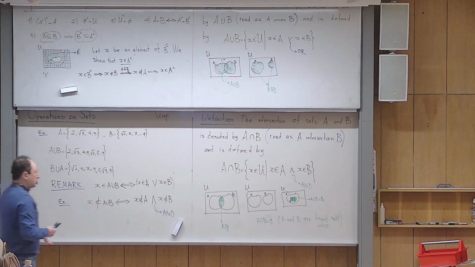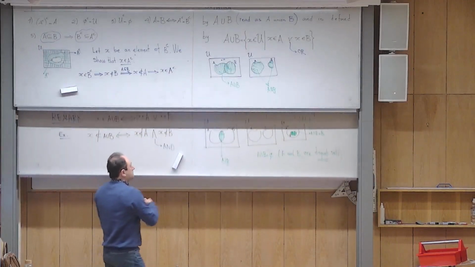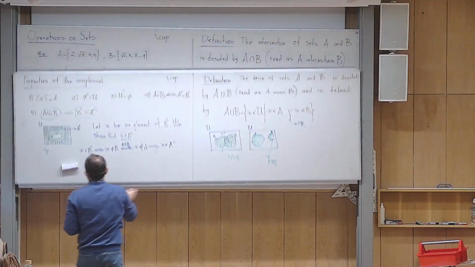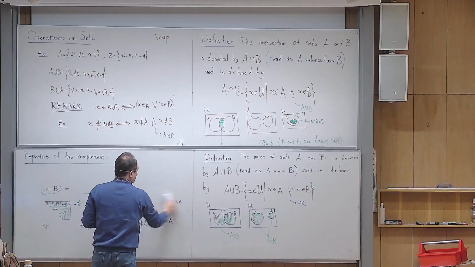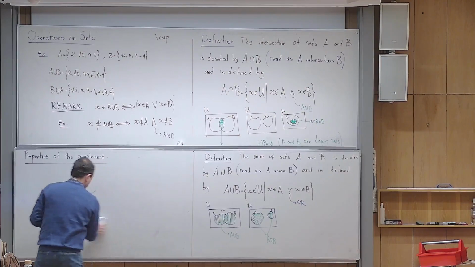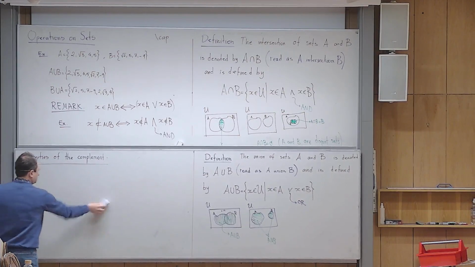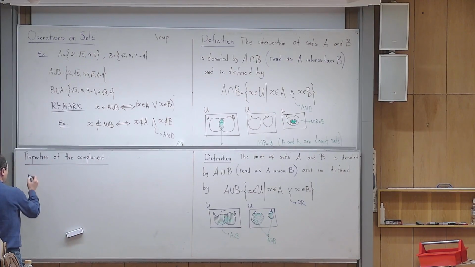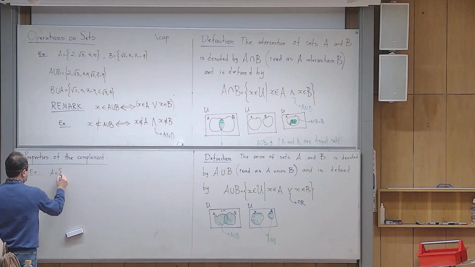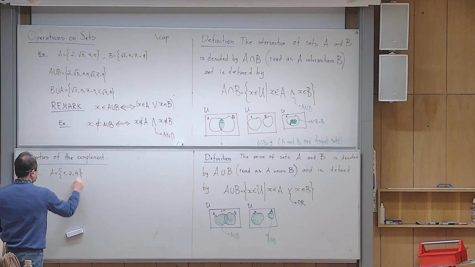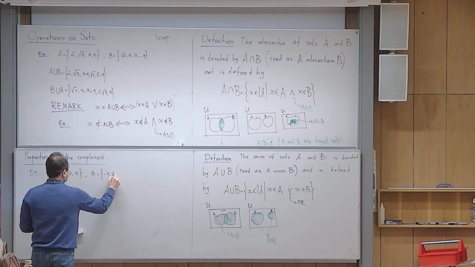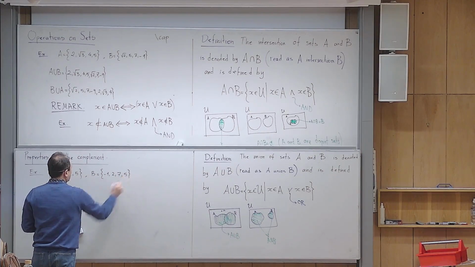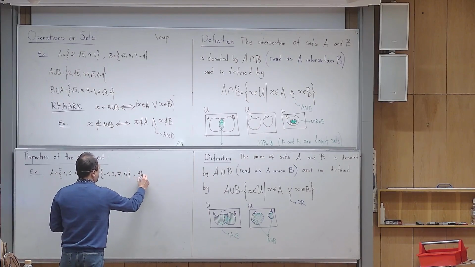Yes? Okay, now let me just give you a numerical example as before. If I give you A to be 1, 2, and 5, and I give you B to be -1, 2, 7, and 5, then what is the intersection?